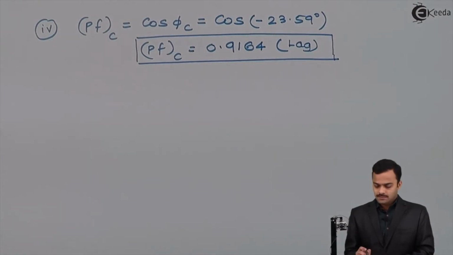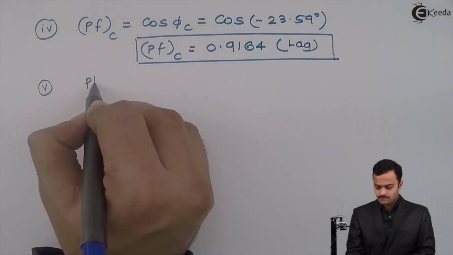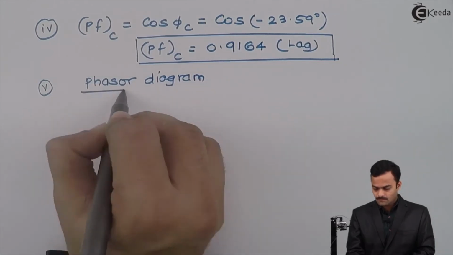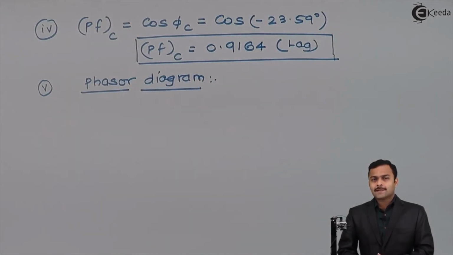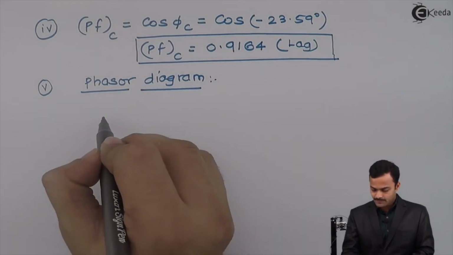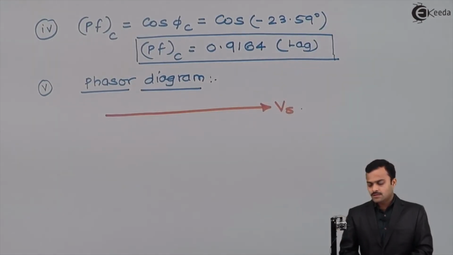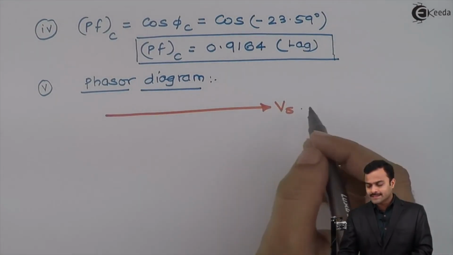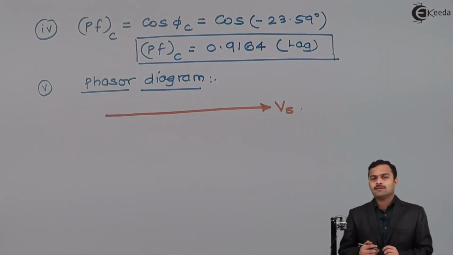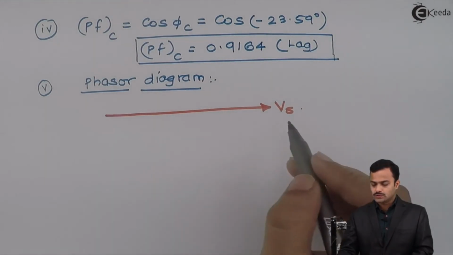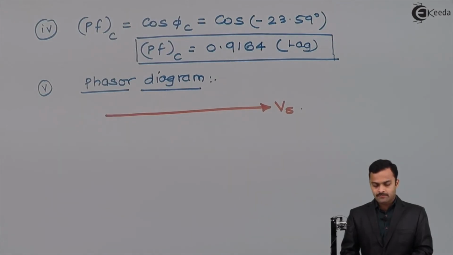And the last part, drawing a phasor diagram. It's a parallel circuit, so I will take voltage as the reference phasor. That means voltage will be like this along the positive x-axis, and all the quantities will be with respect to this voltage.